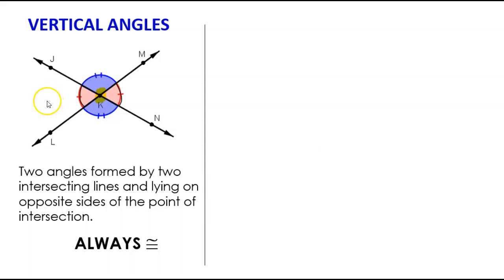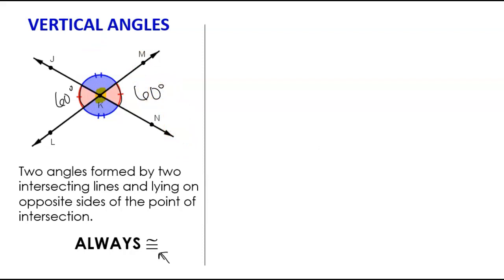One thing to always remember is that vertical angles are always congruent. That's what this symbol means right here, congruent, which just means equal. So if this angle were, let's say, 60 degrees, then the vertical angle that matches up to it would also be 60 degrees.